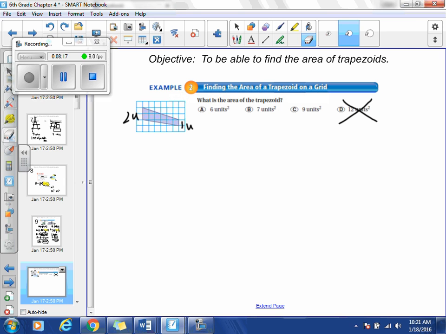Remember that height is a line that is perpendicular to the base. So I'm going to look at my base right here, and my height is this line right there. And that is 1, 2, 3, 4, 5, 6. So my height is 6 units. If you have questions on that, raise your hand right now and I'll come help you if you have questions on how I got any of those.